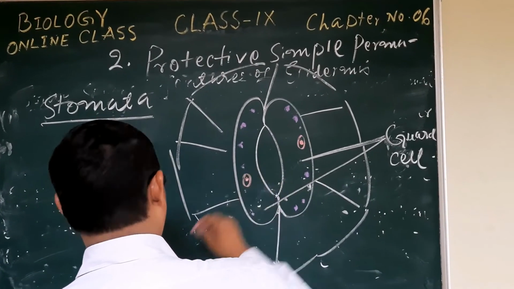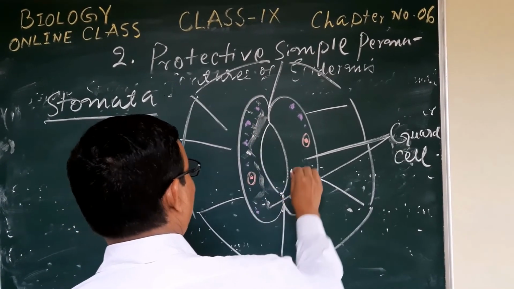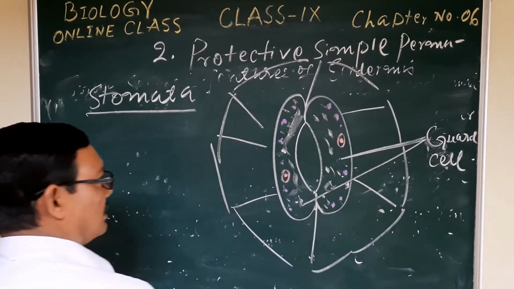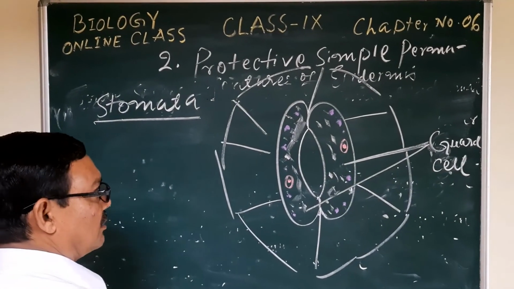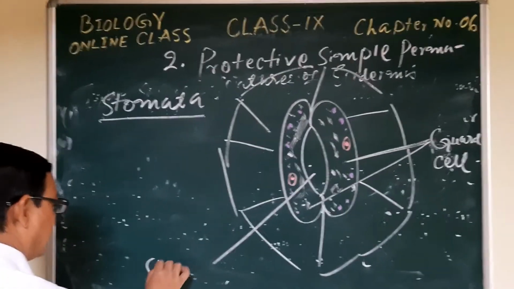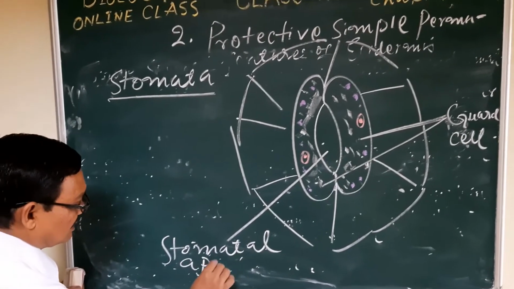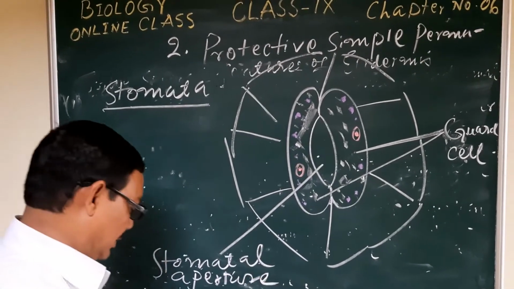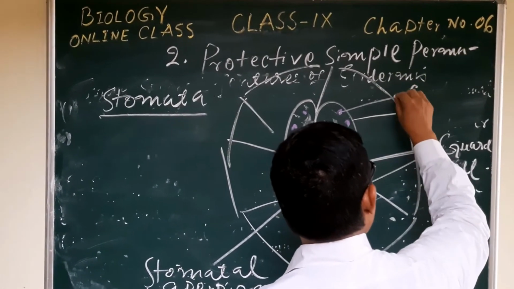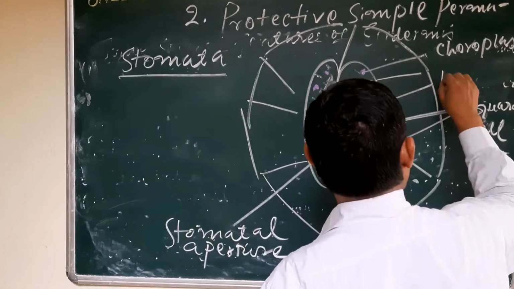The nucleus is also here, and these are the cytoplasm. Stomatal aperture. This is the chloroplast, nucleus.